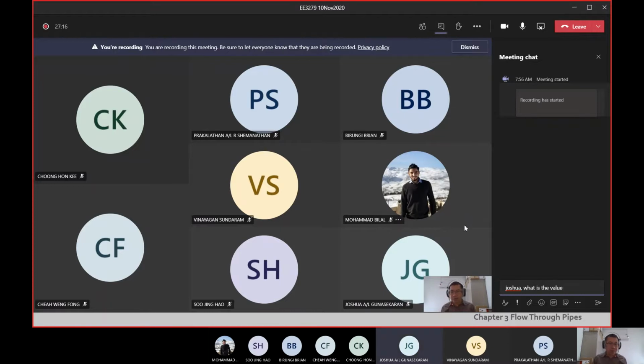The question is on the tutorial paper. I asked you to download and print it out, right? It is tutorial question 3.8. And I already mentioned how to find the Reynolds number just now. It's under a certain chart. The chart is called the Moody chart.